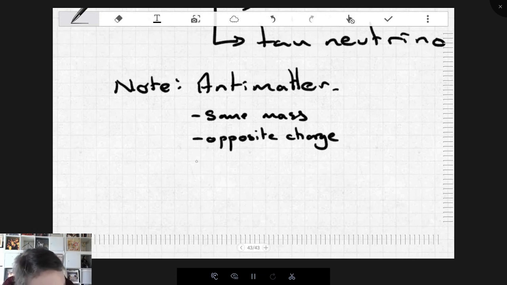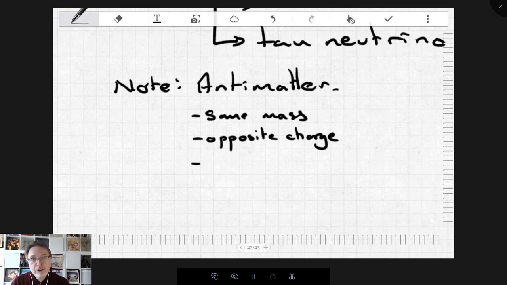But they also have a property that if they meet, if a particle and its antiparticle meet, they annihilate. That doesn't mean if matter meets antimatter, they annihilate. If a proton meets an anti-neutron, that doesn't mean they annihilate, because they're not the anti-particle pair.